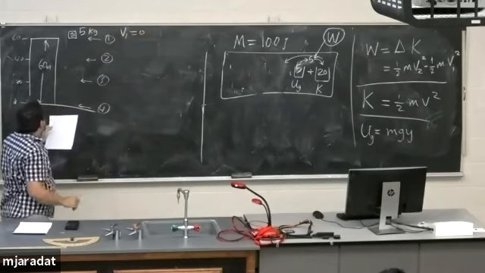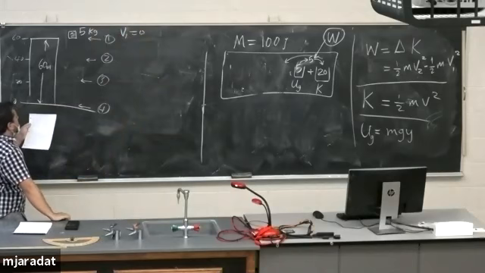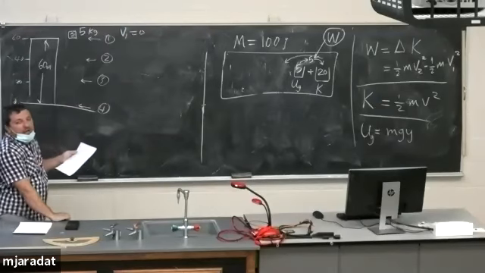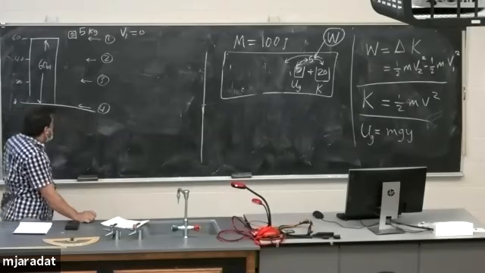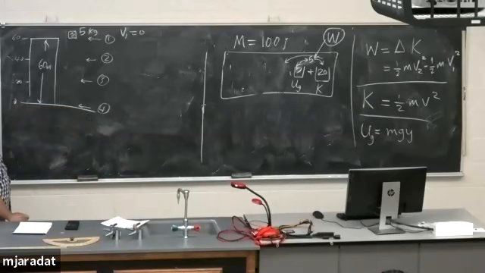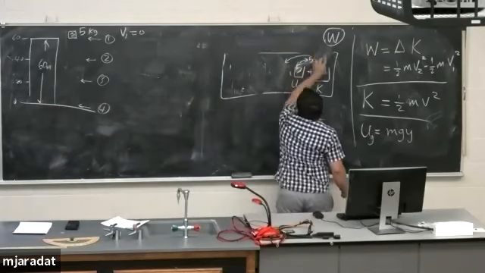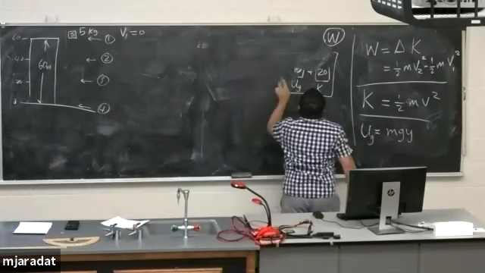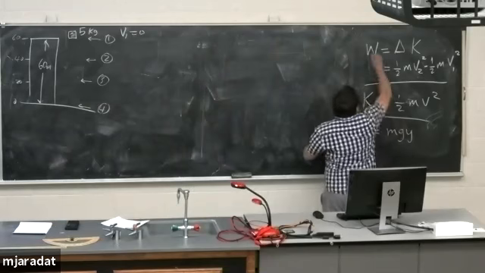Compute the potential energy, the kinetic energy, and the mechanical energy at each point. We need to find everything everywhere, and we don't have any frictional force. Any question about what the question means?